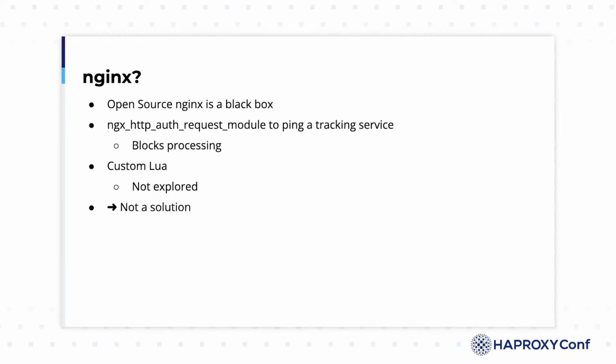Nginx also has support for Lua scripting within the request processing pipeline. It might be possible to leverage this to send ping requests to a tracking service, but we did not explore this in detail. A brief look at the Lua documentation did not yield anything promising in these regards. Conclusion: doing this in Nginx is not a solution.